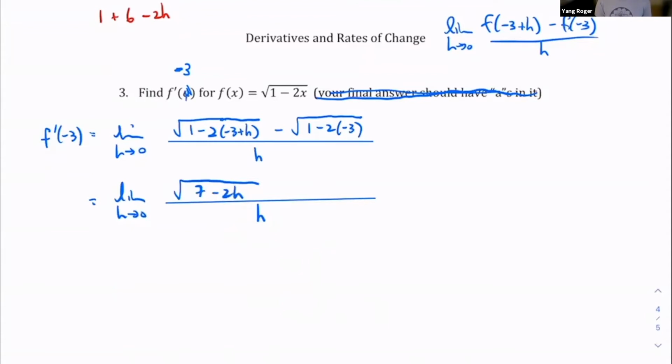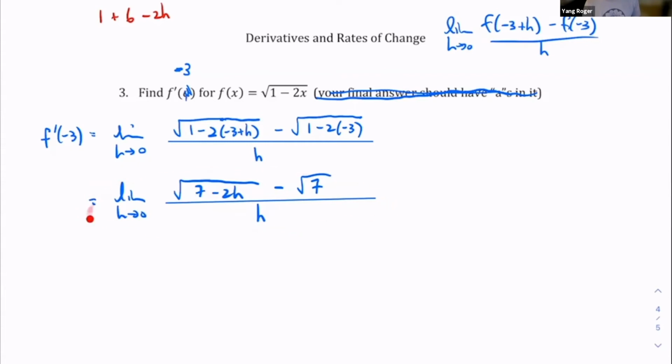For the second one, I'm just going to have minus the square root of 1 plus 6, that's going to be 7, square root of 7.